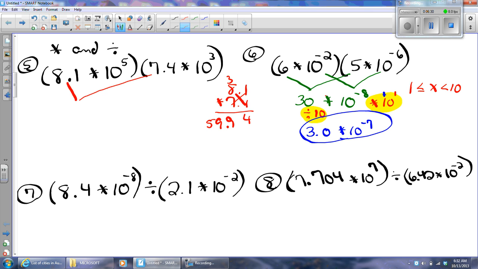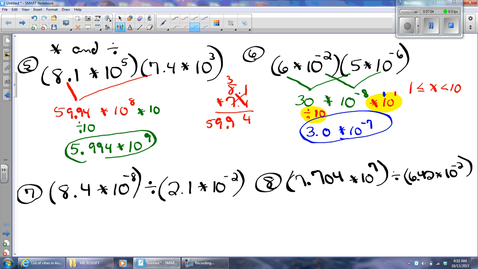Okay, I believe it's going to end up being 59 and 94 hundredths times 10 to the 8th. I've got a problem again. My decimal number is too large. So I'm going to divide it by 10 and then multiply by 10 over here, turning my number into this to the ninth, not changing the value of the number, just changing the way it looks. And now it's in scientific notation.